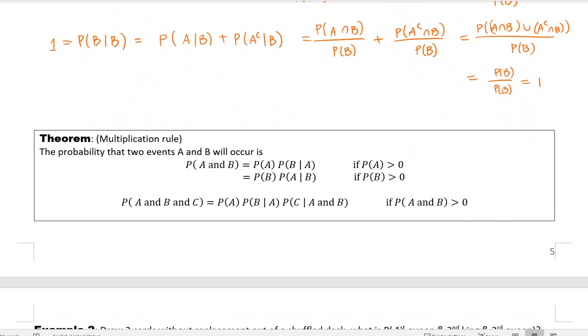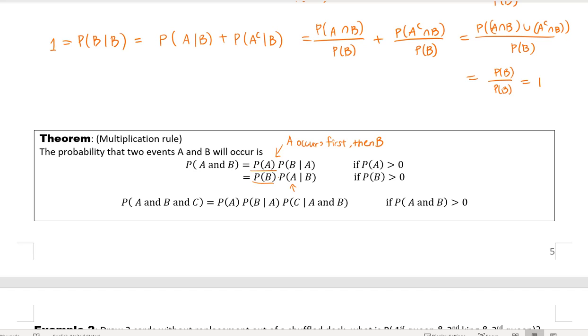Alright, let's continue. Theorem. Multiplication rule. The probability that 2 events A and B will occur, if A occurs first, then we have P of A times P of B given A. So this is like A occurs first and then B occurs. And the other one could be B occurs first, so we have P of B, and then after B occurs, A also occurs.